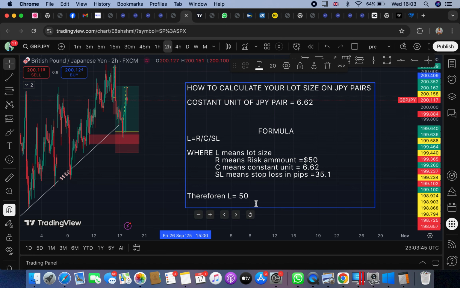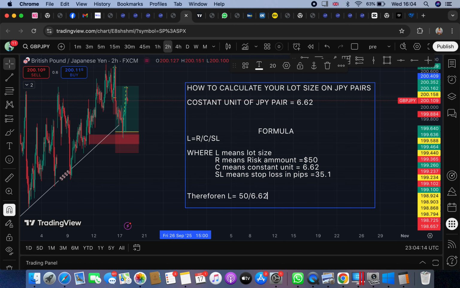divided by. I can't find the actual division sign here, so I use this as the division sign. Divided by C, the constant unit for all JPY pairs, which is 6.62.